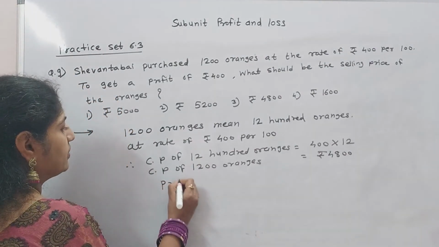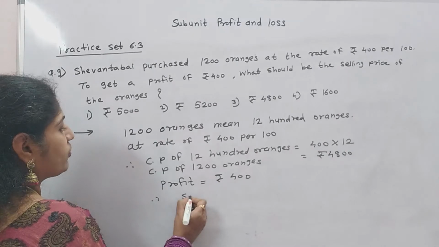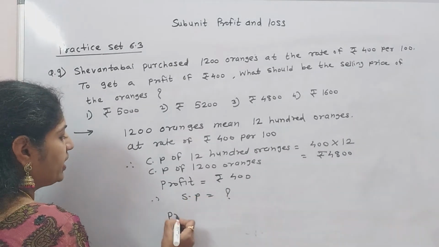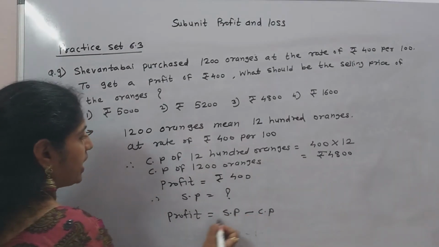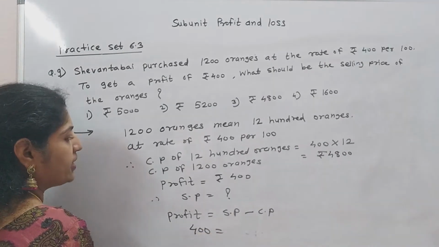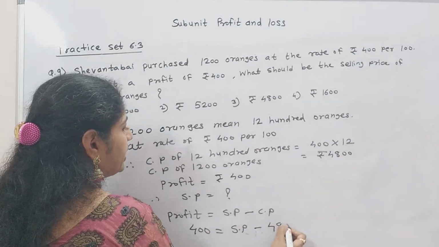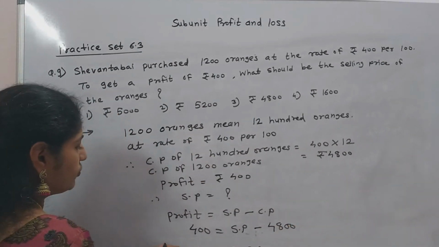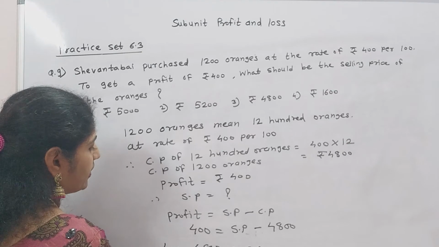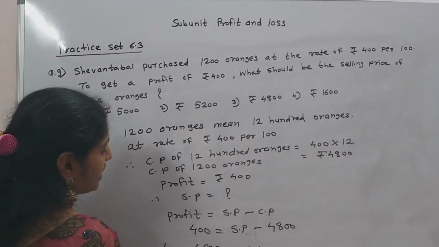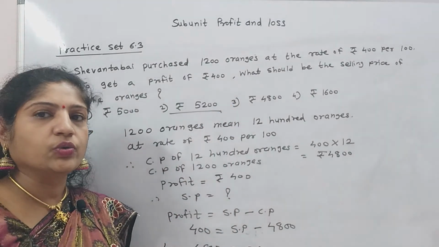Now profit is given. Profit equal to rupees 400. So we have to find the selling price. Profit equal to selling price minus cost price. Profit is 400. We have to find the selling price and cost price is 4,800. So selling price equal to 400 plus 4,800, that is 5,200 is the selling price of those oranges. Answer is option number 2.